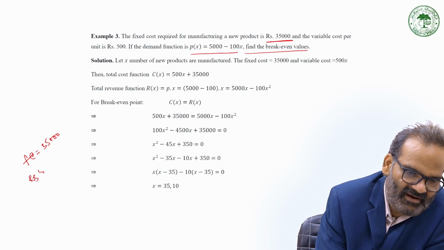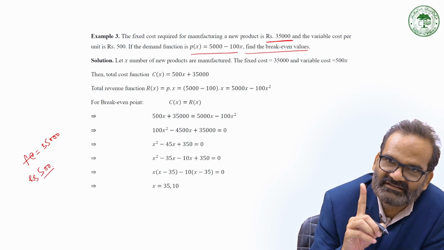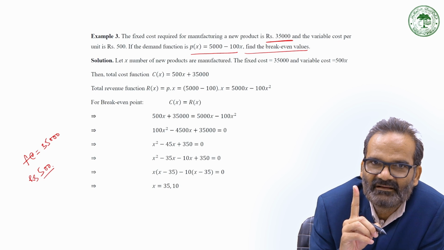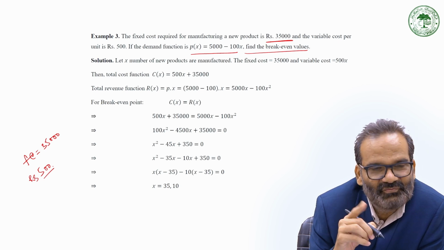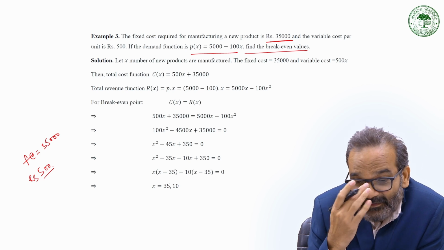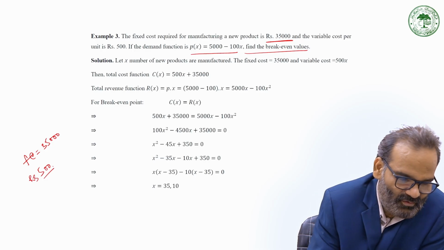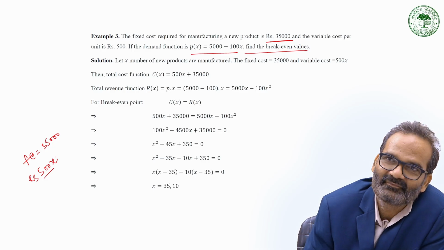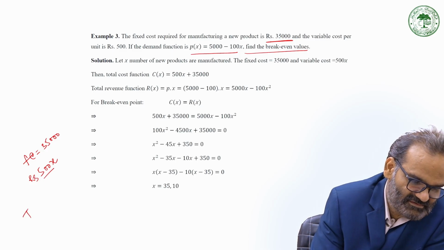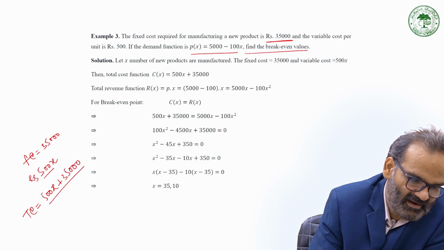Rupees 500 is the price of a single product, that is one commodity. So if X number of commodities are being produced by the firm, then the variable cost will be 500 into X. So total cost TC is what? 500X variable cost plus 35,000 fixed cost.